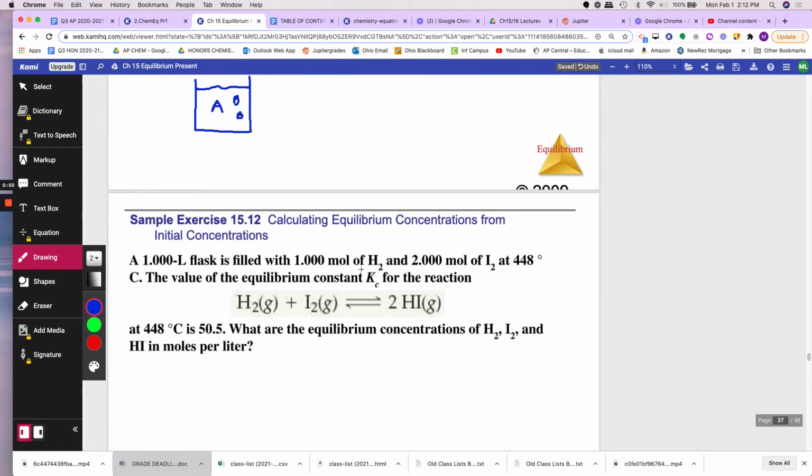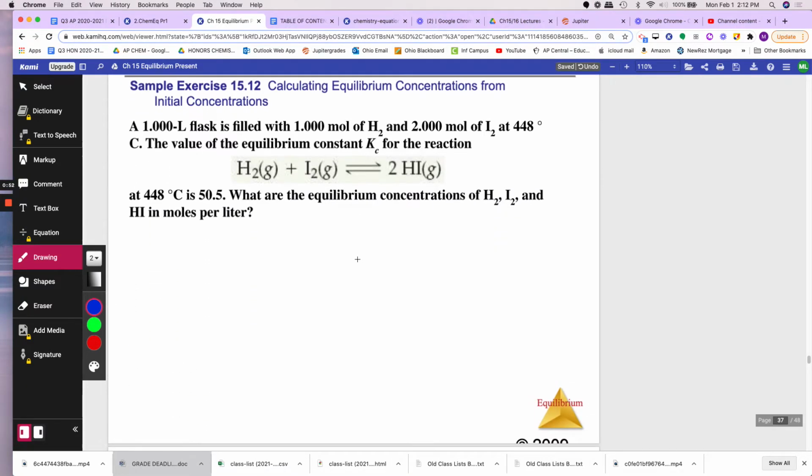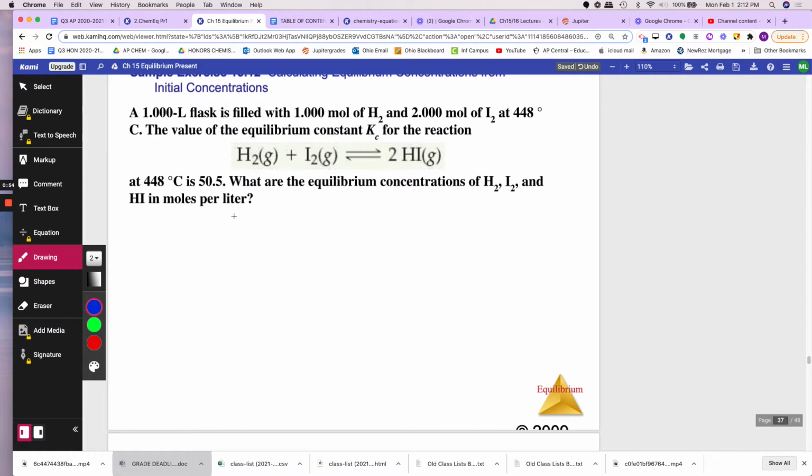Okay, so here's the sample problem. It says that you have this equation: H2 plus I2 becomes 2HI. Okay, it says you have a 1 liter flask filled with 1 mole of H2 and 2 moles of I2. So you have 1 mole of H2 divided by 1 liter, that's 1 molar of H2, so that's 1.000.